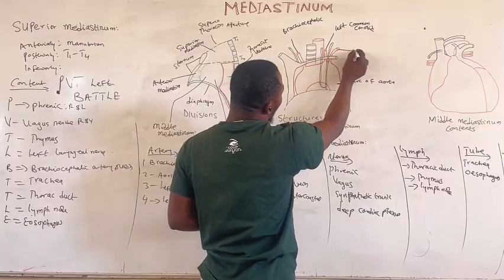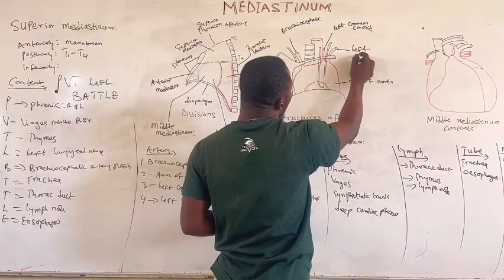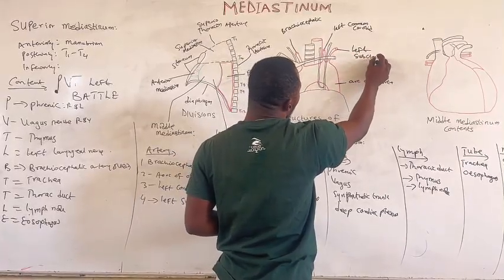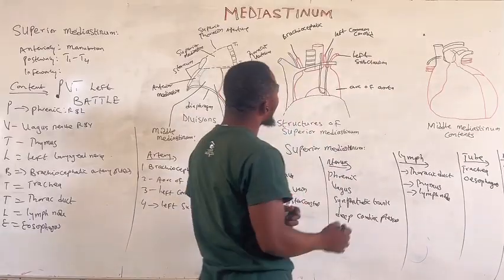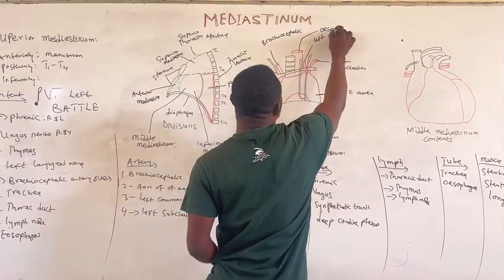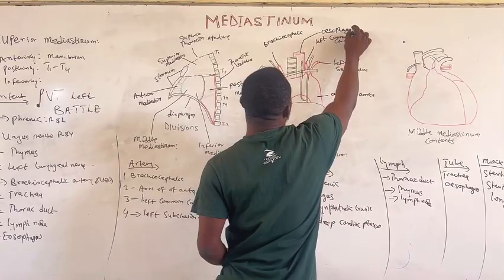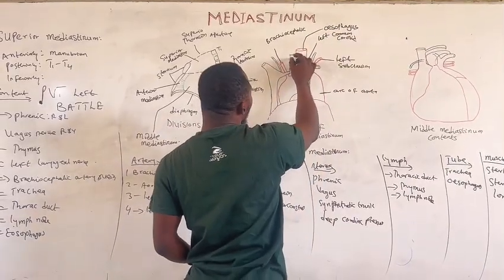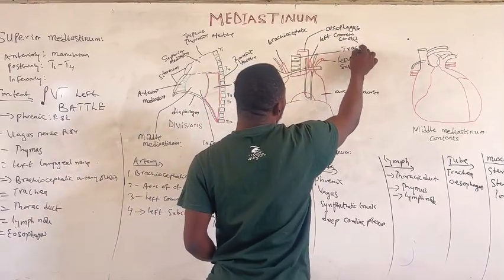This one here is our left subclavian artery. This trunk here is our esophagus. The one close to it is the trachea.